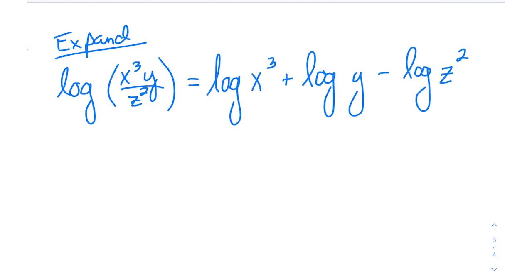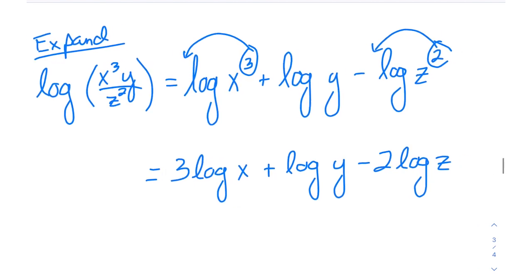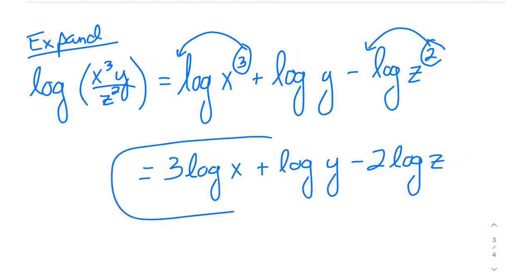So here, we still have to convert some of these exponents into the corresponding coefficients, like we've seen in our previous video. So this is going to become 3 log x plus log y minus 2 log z. And then we're done. We have everything fully expanded.